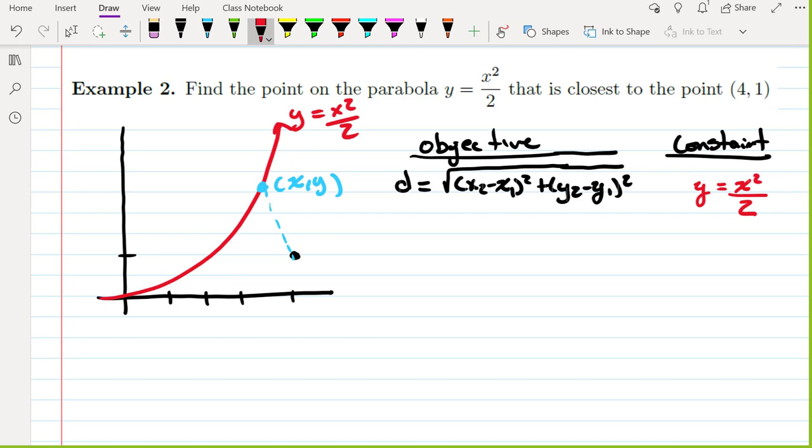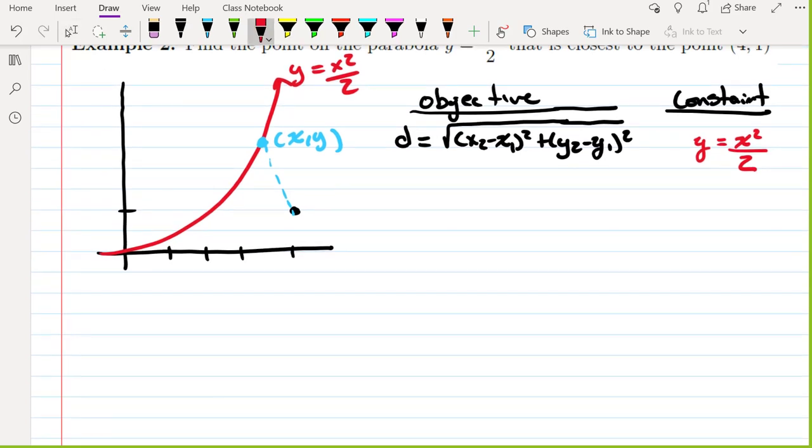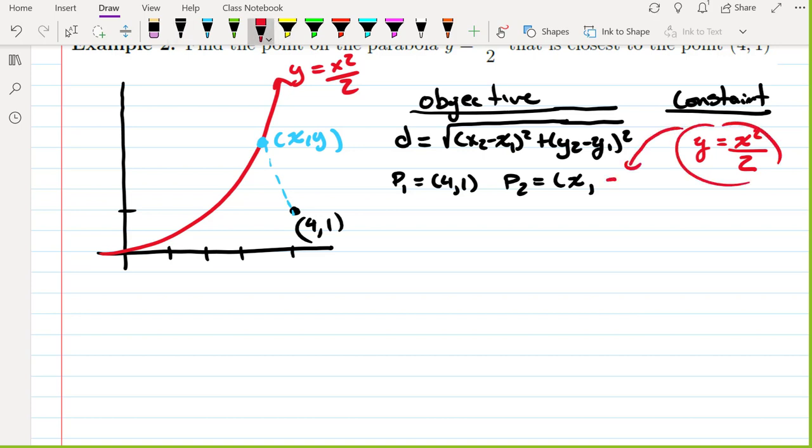So now we want to find the distance between these 2 points. We have the point (4, 1) down here. And if we have (x, y) as a point, we have x, but then what's our corresponding y value? What is y the same as? x squared over 2.